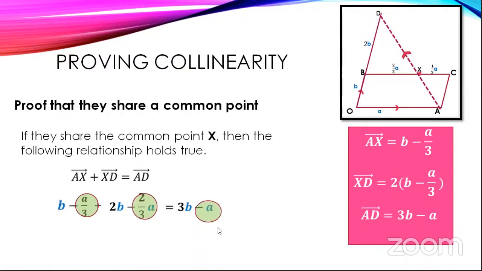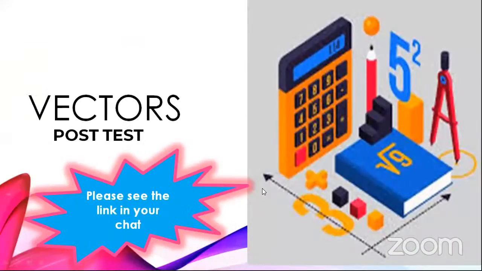So you realize how that works out, and therefore the two sides are equal, which means indeed there is a common point. So it holds true that there is a common point for A, X, and D, and that is indeed X. All right. So students, we're at the wrap up section, but we want to hear from you.